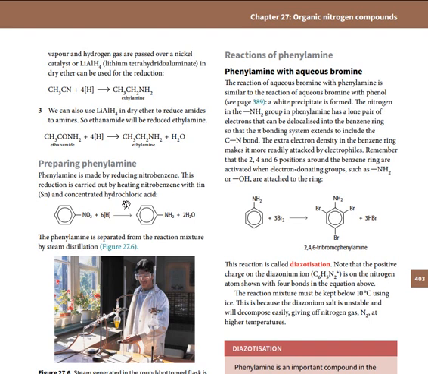So in order to reduce this benzene, compared to this other molecule containing O like that, where we were using lithium aluminum tetrahydride, in this case you are going to use instead a highly reducing agent, and that is going to be tin plus concentrated hydrochloric acid, or even zinc plus concentrated hydrochloric acid. All of them are going to reduce now to produce this.